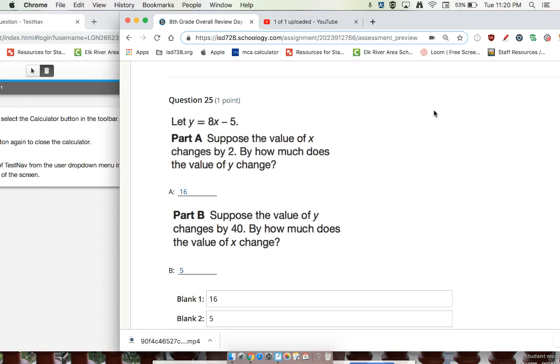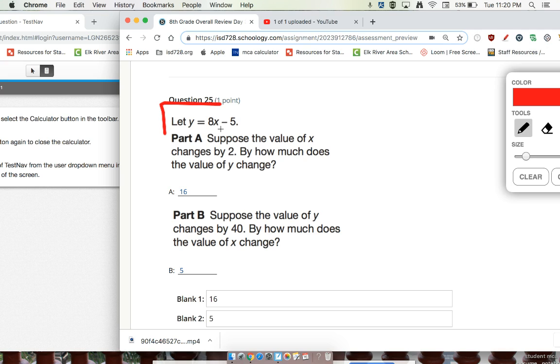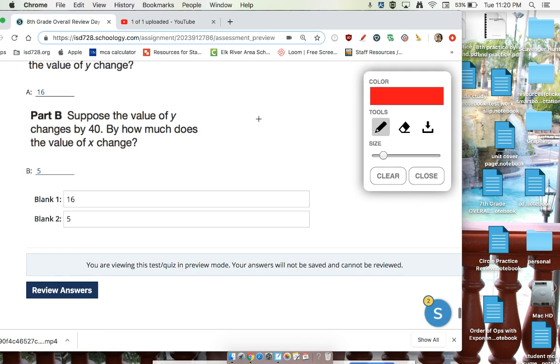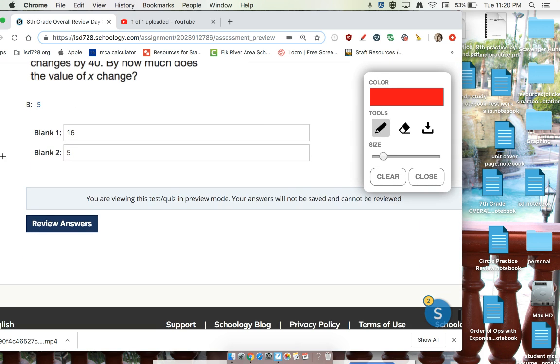When I had my y value change by 40, I went 0, 40, 80, and then I had to do algebra because your equation is right here. So I had to do algebra to figure out what my x is and see what that constant rate of change was. So that is the end of review day, what are we on? 3. Review day 3 is all done.